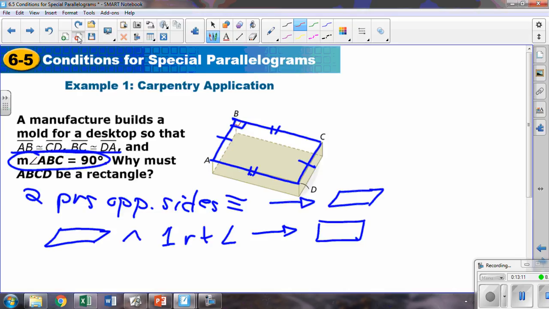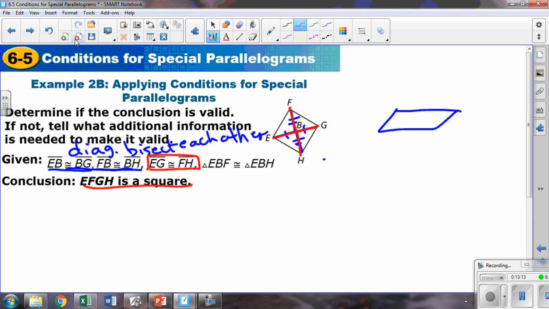It's a parallelogram, it's a rectangle. And next we'll check here. Triangle EBF. I'm going to clean this up a little bit so you can see it easier. EBF is congruent to EBH. Those two triangles are the same. Which of course means all their matching parts are the same. Those two sides would have to be congruent.